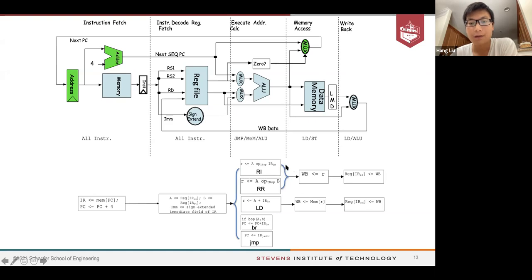If it is a register immediate or register register operation, you directly pass whatever results you have here to here, okay? And if it is a load instruction, you have to actually use this memory data access, or store similarly.